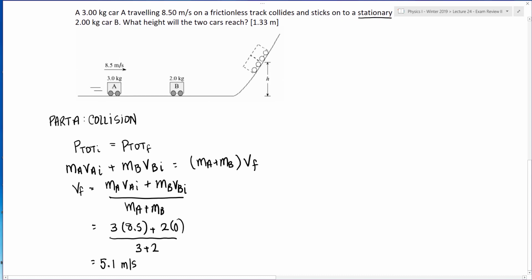The next thing that happens is that now that A and B are stuck together, I'm going to treat them as though they're just one big object with a mass of 5 kilograms. So AB together, 3 kilograms and 2 kilograms, gives this 5 kilogram mass that is now going to be traveling up this track.